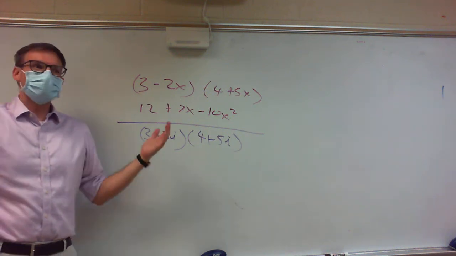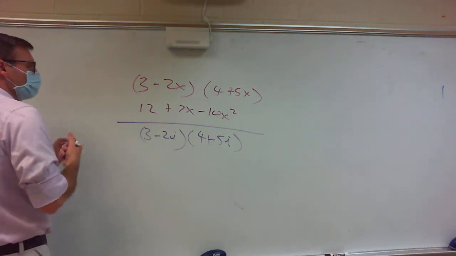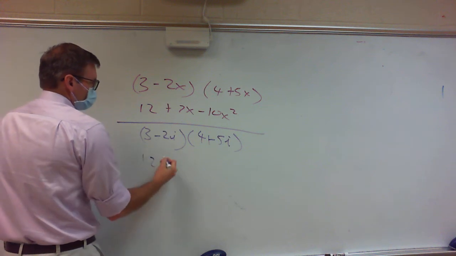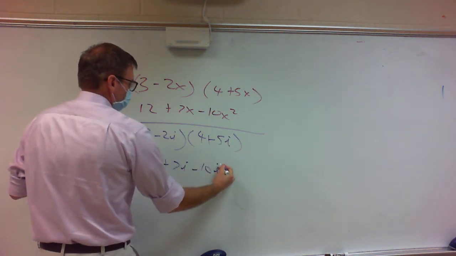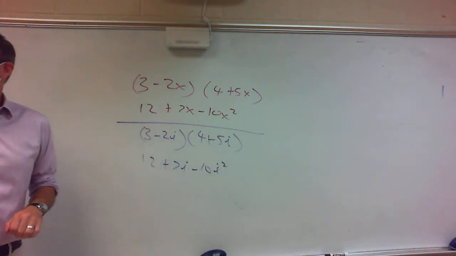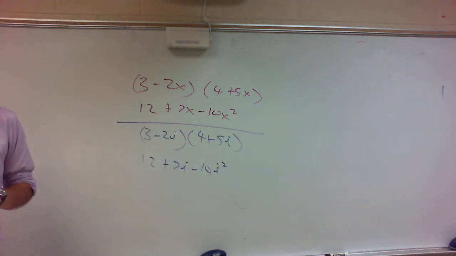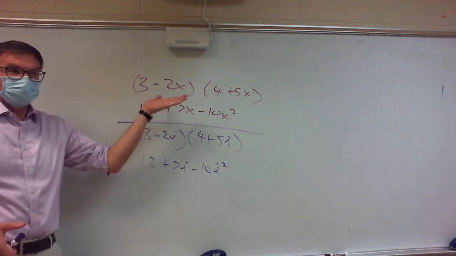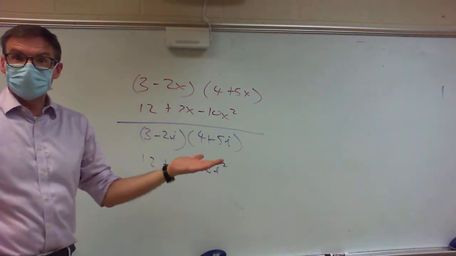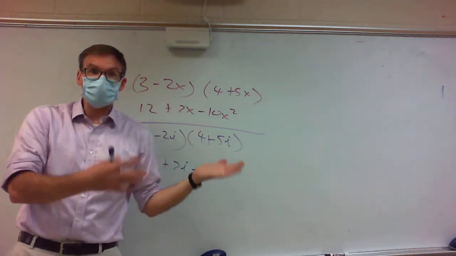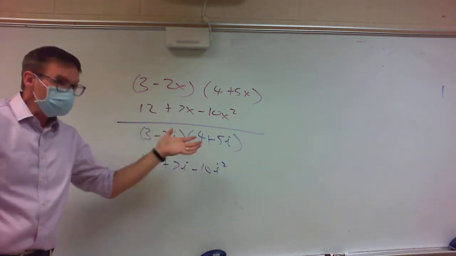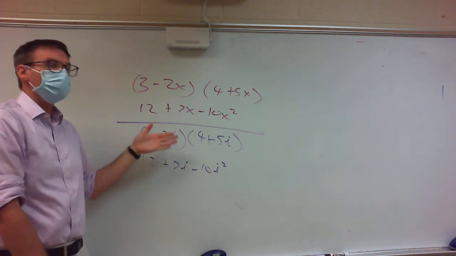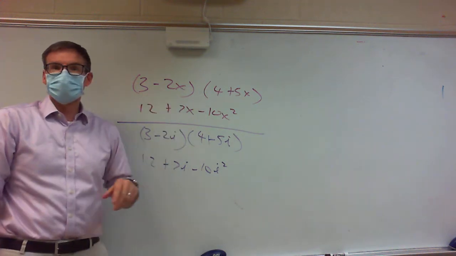So you're going to write this down as 12 plus 7i minus 10i squared. I said when you see an i, you treat it just like an x. And so I got the same answer as up here, except now I have i's instead of x's.